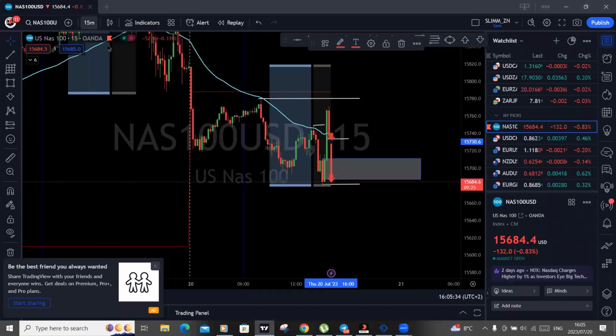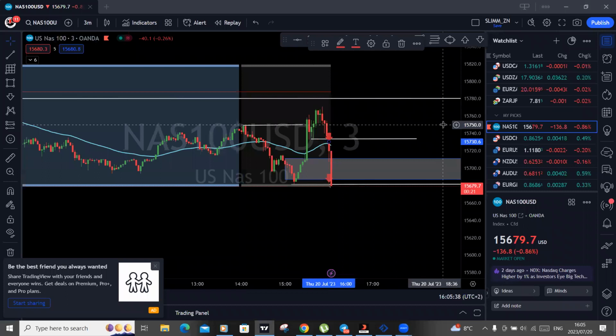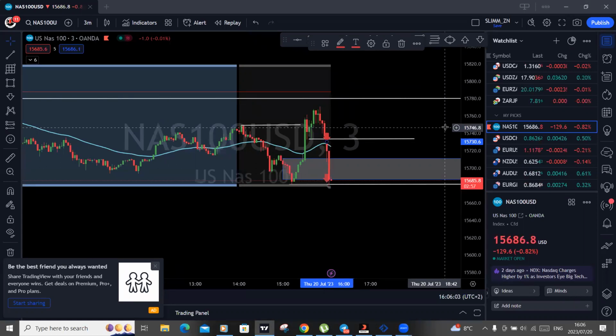Then I drop down to M3. This is for early entries. Okay, let me just open another position because we've broken that zone there. Okay.